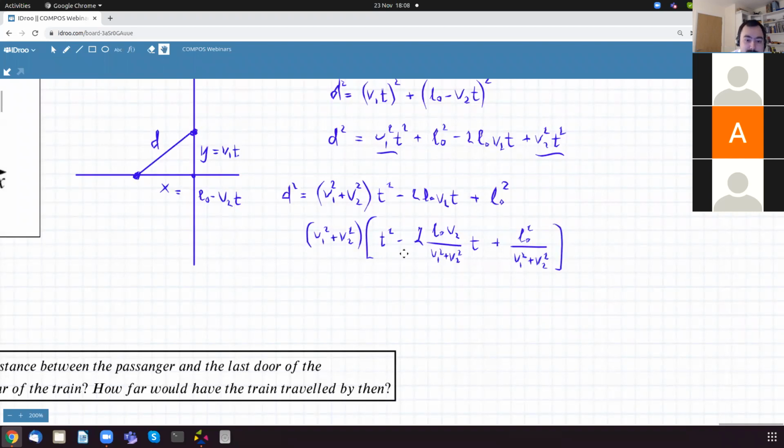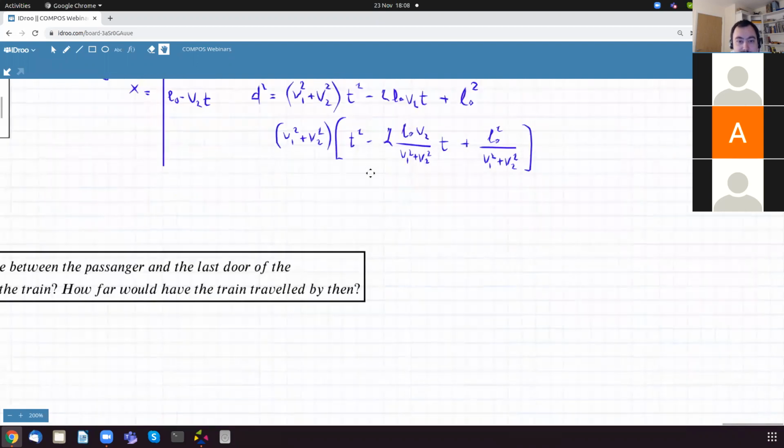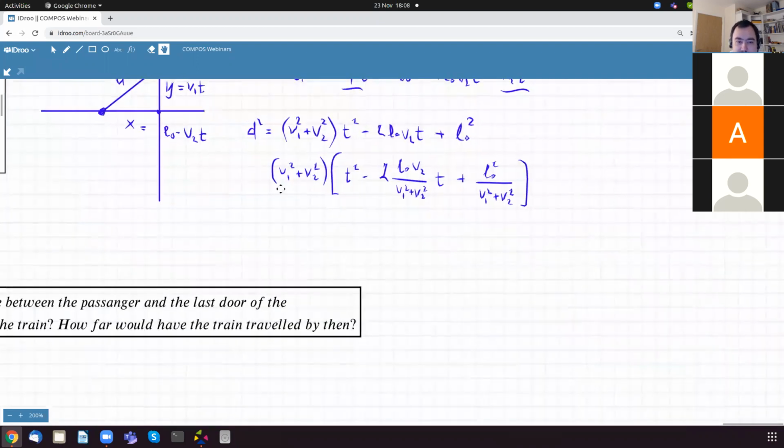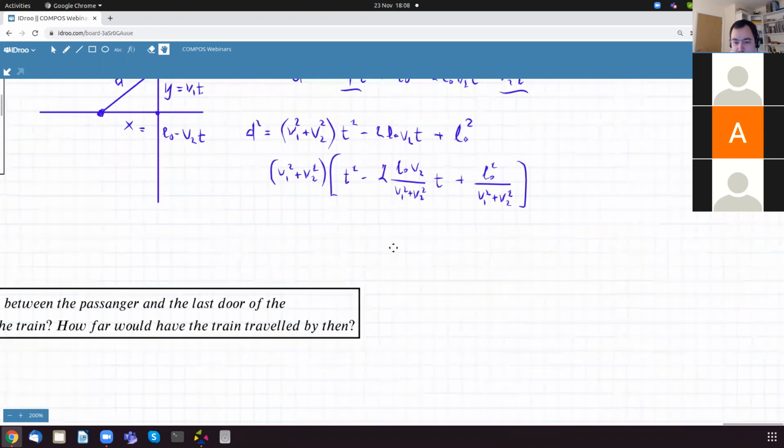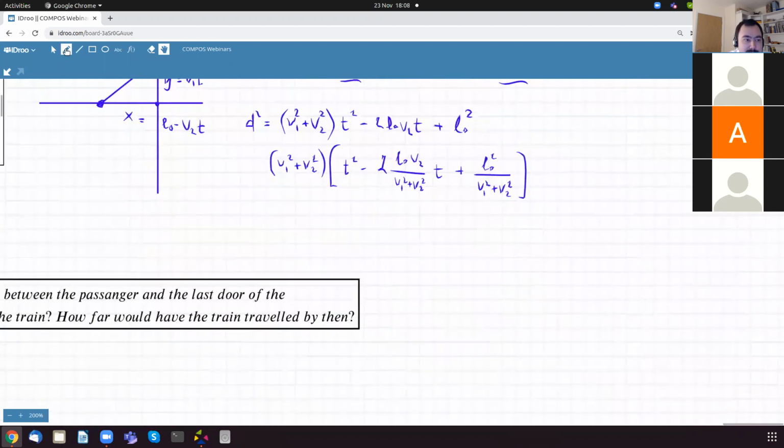We can forget about this v1 squared plus v2 squared and focus on this bit, but I'll carry on doing it as it is, even though it might be a tiny bit more confusing. So completing the square here, we write v1 squared plus v2 squared.